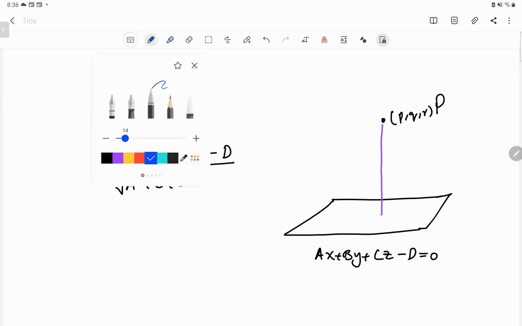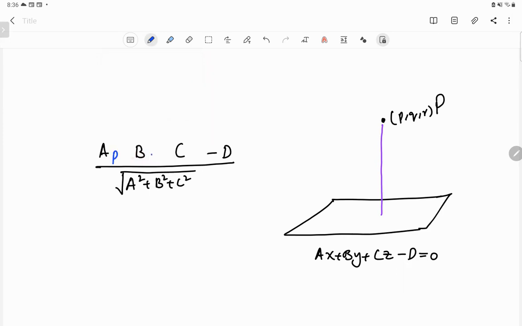And this is the shortest distance of a point from the plane.